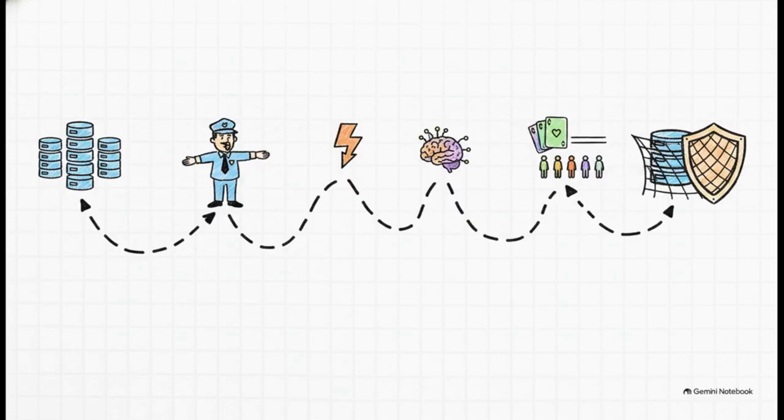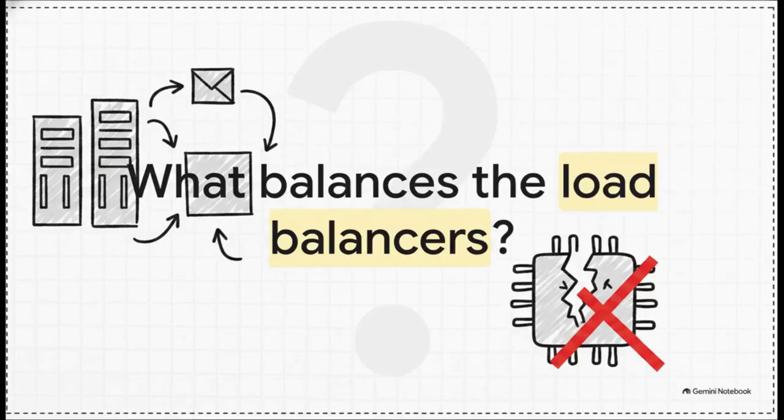Third, select layer 4 for that raw speed or layer 7 for smart application-level routing. Fourth, choose the optimal algorithm for your use case, whether that's round robin or least connections. And finally, enable strict health checks and automated failover. If you do all that, you've just designed a highly available system that can survive massive traffic spikes and hardware failures alike. You've built an incredibly resilient system today.